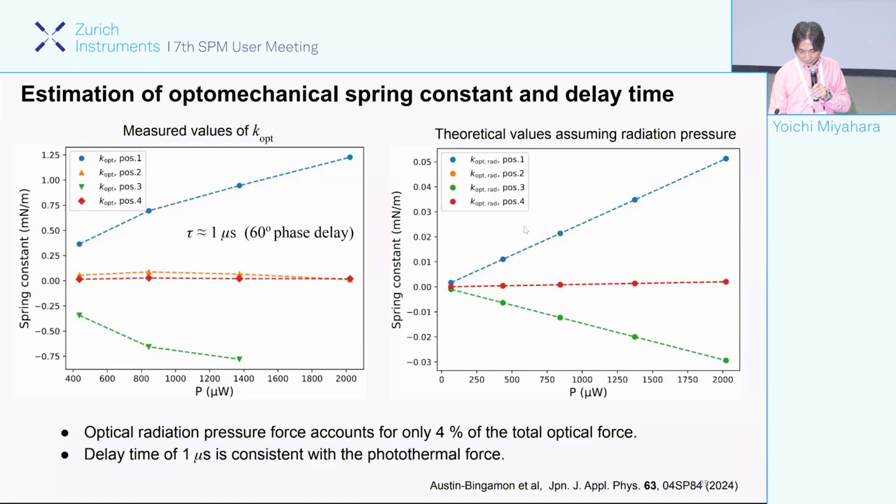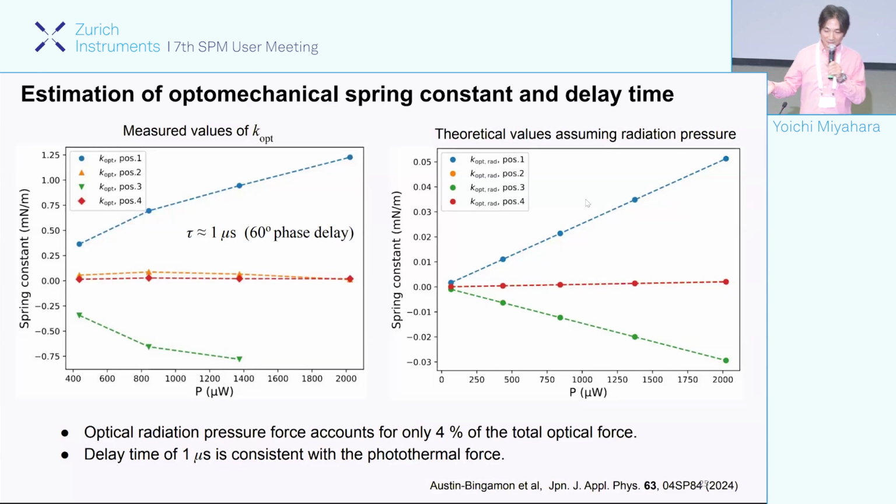If you compare these extracted optical spring constants, 0.5 to 1.25 millinewton per meter, with the expected value assuming just the radiation pressure force, it turns out that the optical radiation pressure force can account for only 4%.